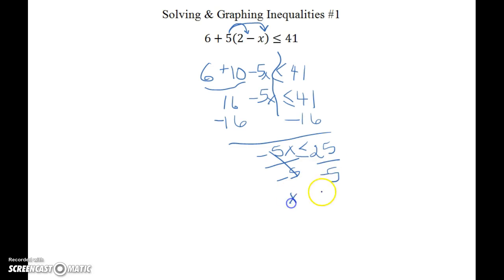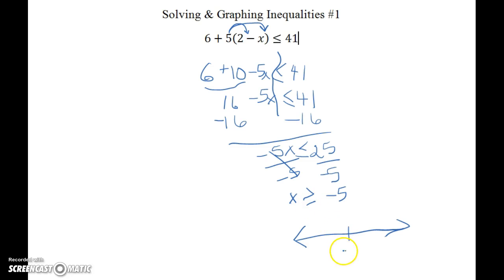So I have x and I have negative 5. Now the rule is, since I'm dividing by a negative number, the coefficient of my x is negative, I want to switch the inequality sign to go the other way. Alright? And then let's graph that.